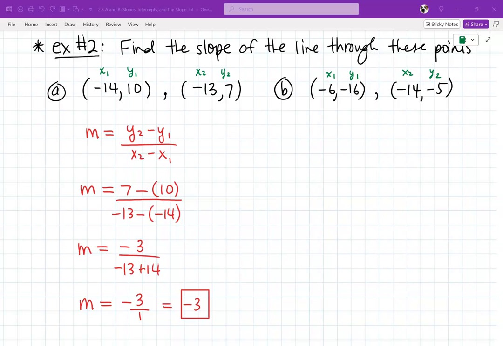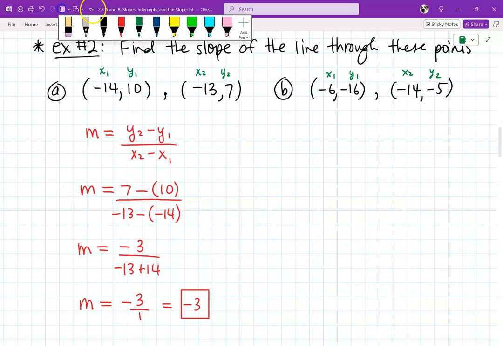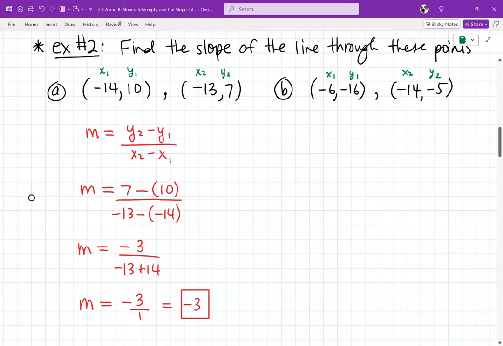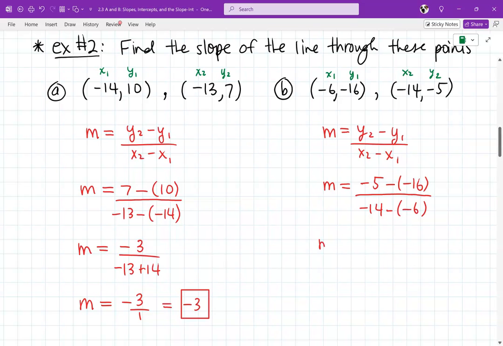All right, so let's go over this and see if you guys got the right answer, if you did finish it. So again, I'm going to put my formula here just because that's what I like to do. It's an easy way for me to memorize things without really trying to memorize things. So here you go. So y2 is negative 5 minus y1 is negative 16 divided by x2, which is negative 14, minus x1, which is negative 6.